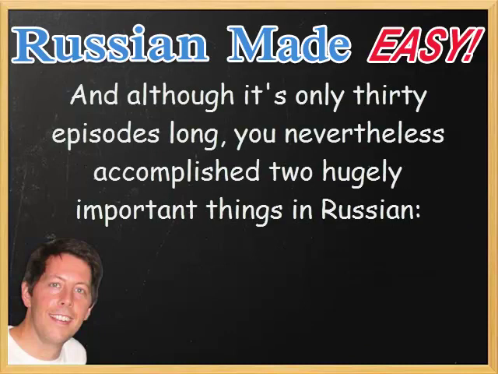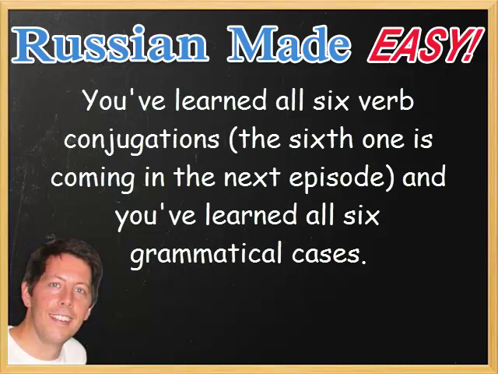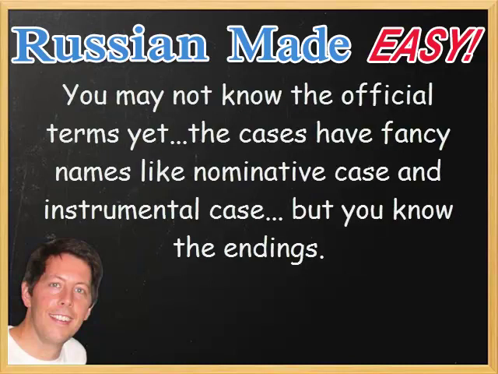And although it's only 30 episodes long, you nevertheless accomplished two hugely important things in Russian. You learned all 6 verb conjugations. Well, the 6th one is coming in the next episode. And you've learned all 6 grammatical cases. You may not know the official terms yet. The cases have fancy names like nominative case and instrumental case, but you know the endings.